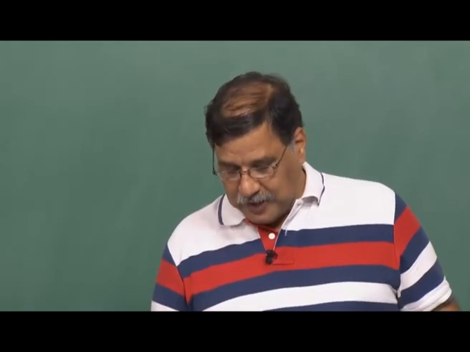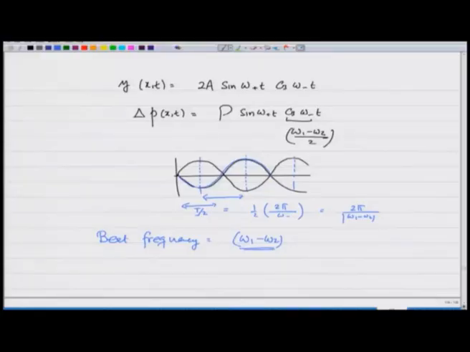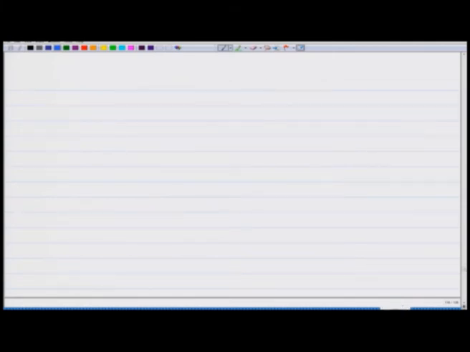So beat frequency is equal to the difference in the frequency. Keep in mind that the moment omega 1 becomes equal to omega 2, beat frequency is equal to 0.